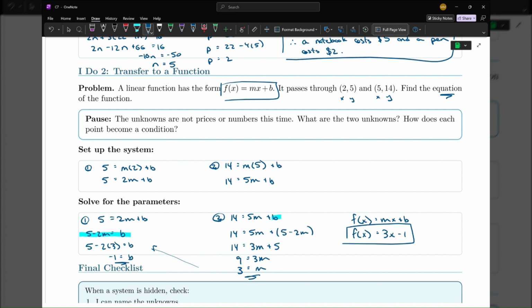Not to get too far into it, but any function can give you some sort of information where you're set up for these parameters, right? For example, a quadratic might be a couple points, or it might be that you know this about the axis of symmetry and this about some other point, or that it hits a line at these two points. We have a lot of ways we can hide this information in mathematics.